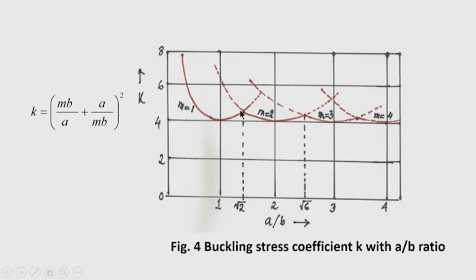So, this is the curve for m is equal to 2, the buckling coefficient for m is equal to 2, and this curve has to be considered for finding the critical stress for the plate within the aspect ratio root 2 to root 6. Okay. Like that it will go, and at a very high value of a by b ratio, you will get that this buckling stress coefficient is almost nearly 4. Okay. Now, let us see.